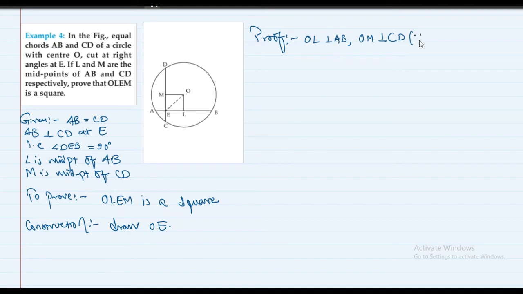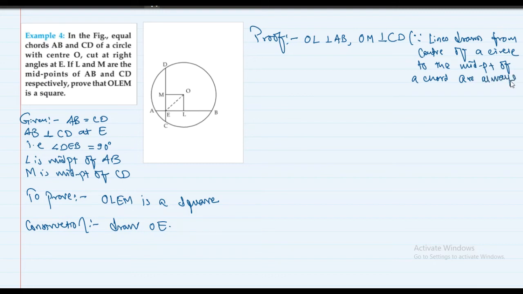Since a line drawn from the center of a circle to the midpoint of a chord is always perpendicular to the chord.